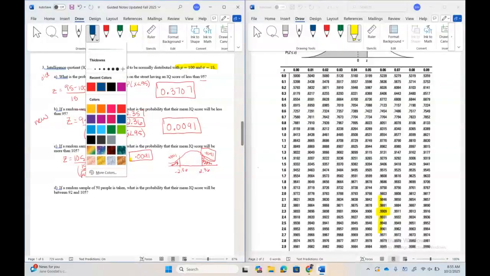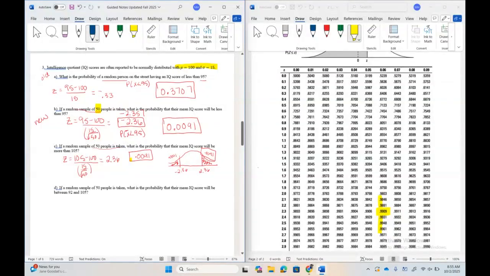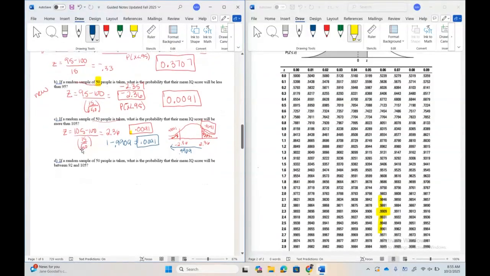So the area to the left of positive 2.36 is 0.9909. To find the area to the right, I would subtract, and I should get 0.0091. So either way, we're going to get that answer. All right, last question for this section.